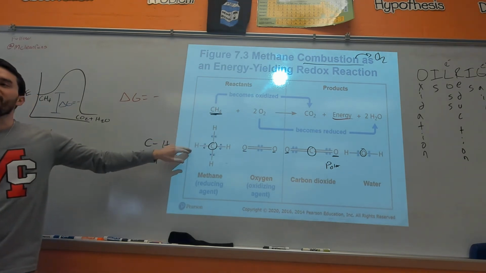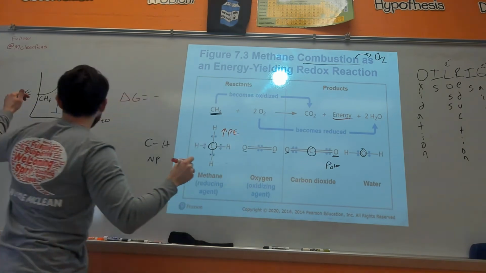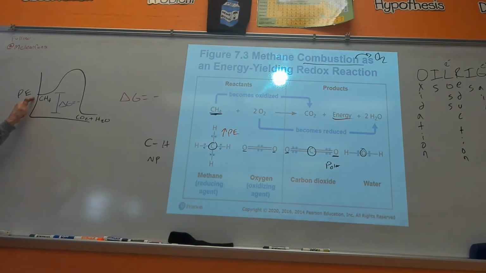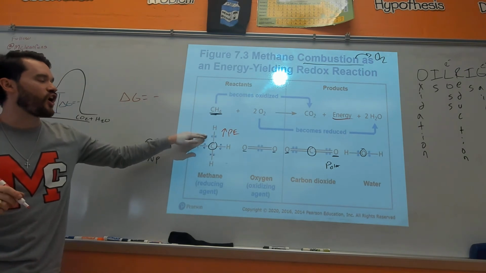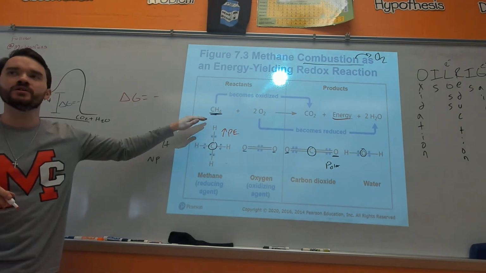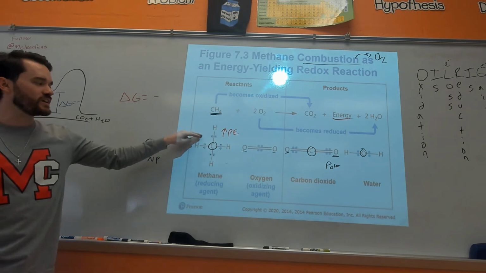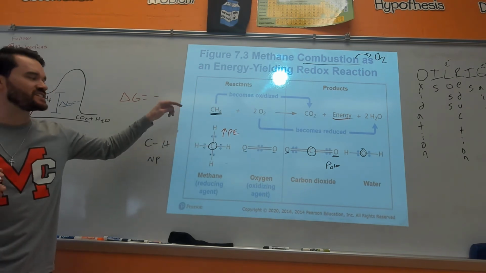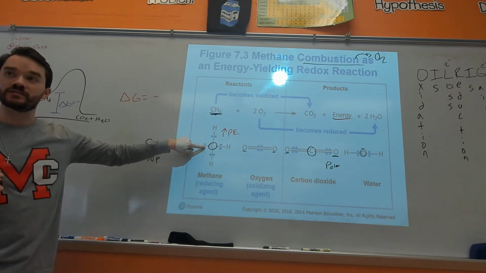This molecule here, methane, the potential energy is higher. And that's what you see on the energy diagram. The reason why the potential energy is higher is because the electrons are not committed to one atom or another. So I'm going to say that again. The reason why potential energy is higher is because the electrons are not committed to one atom or another.